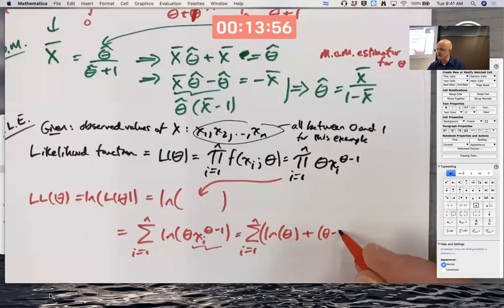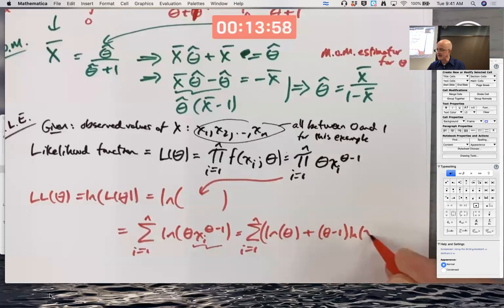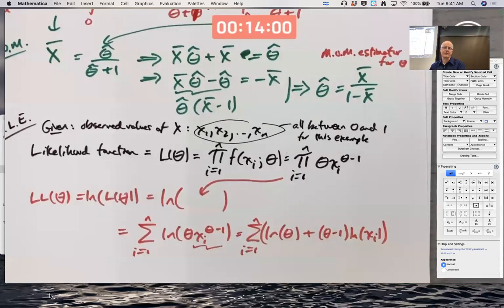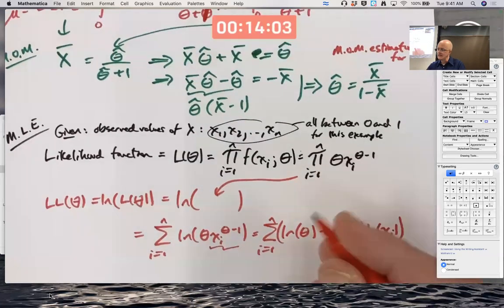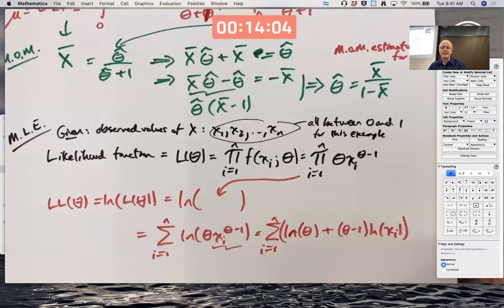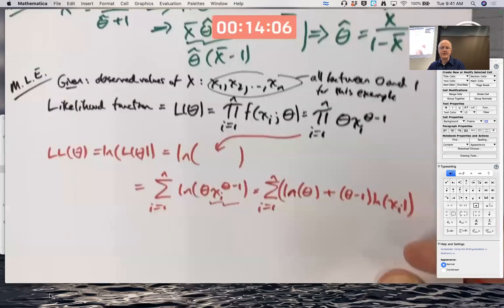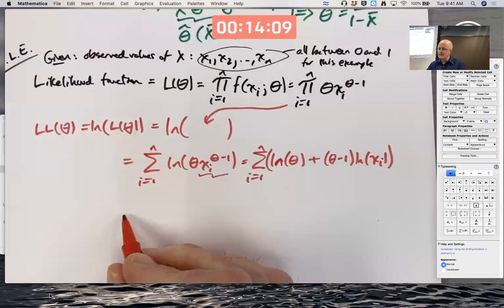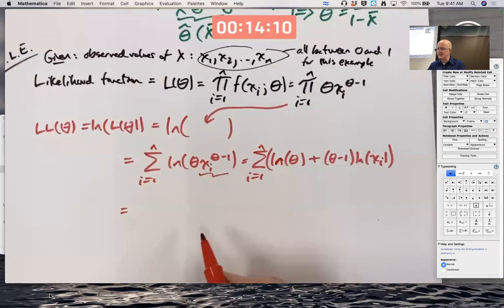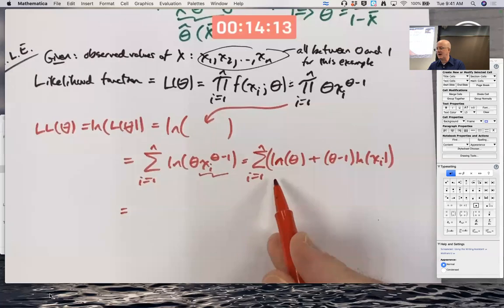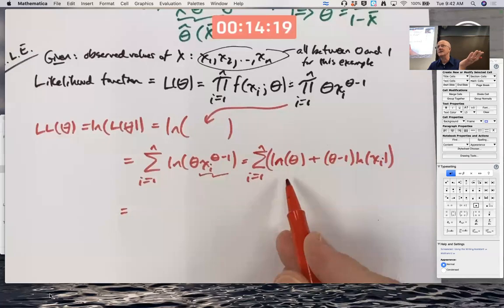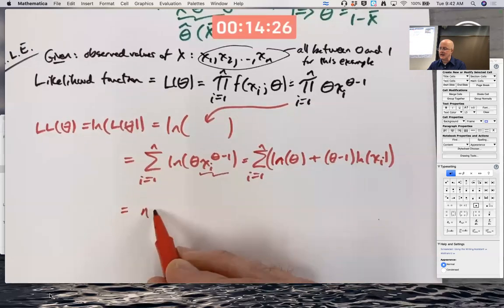Theta minus 1 times ln of x_i. The sum can be broken into two pieces. The first is the summation of ln of theta as i goes from 1 to n, but with respect to the summation, there's no i there. That's a constant. You just get n times natural log of theta.